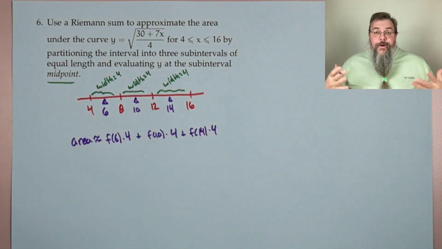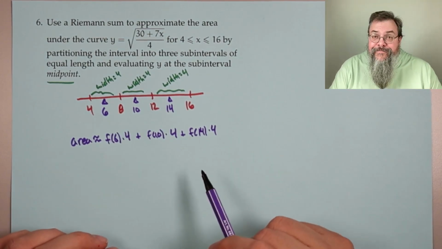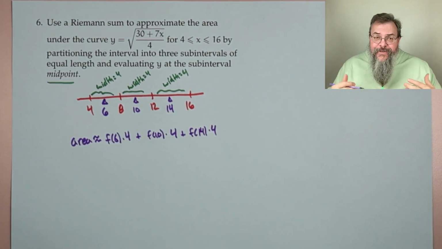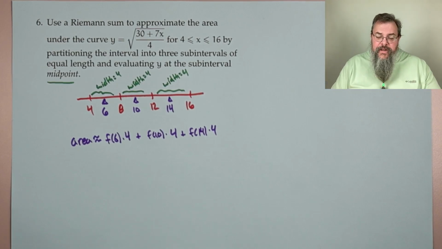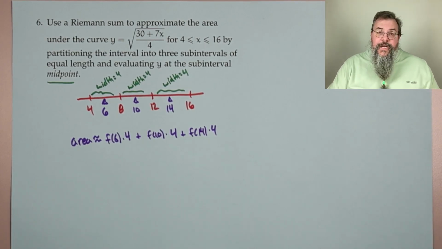The only thing that's left from here is we've got to find these values. So the setup for Riemann sums is fairly straightforward, not a lot of surprises. We just have to be very careful in making sure we evaluate things correctly.